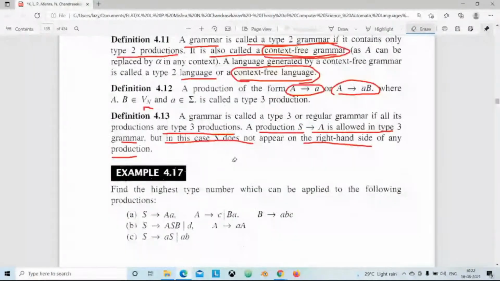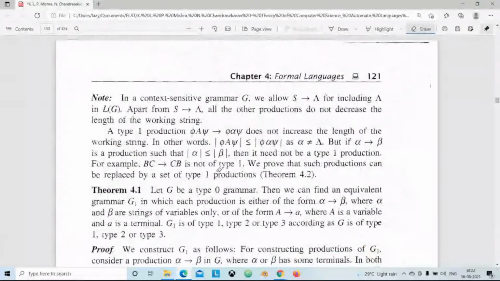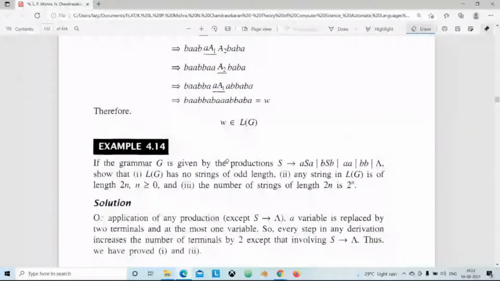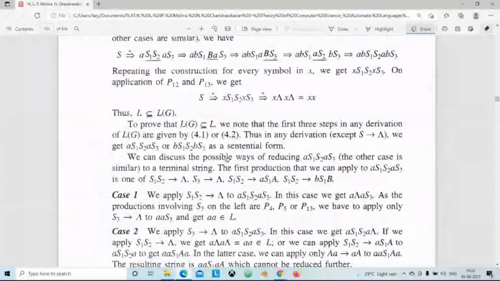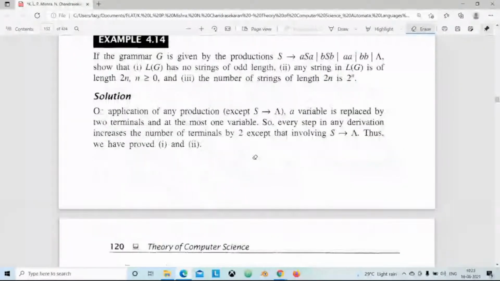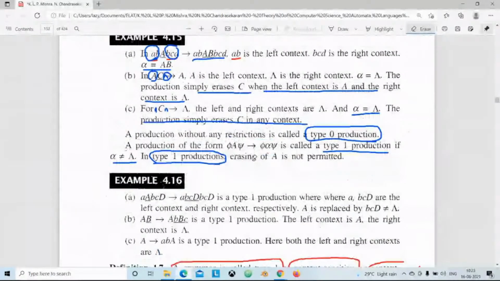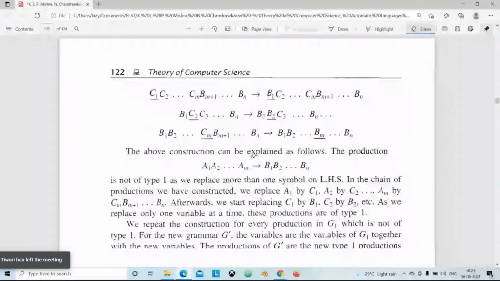You can start from the a to the power n, b to the power n question and simply expand on that, seeing how you are choosing the productions. Initially, don't worry about the structure of the grammar, but slowly you'll realize that if you want the grammar to be a particular type, then you have to apply the constraint. Otherwise, we cannot categorize those grammars. So that we have to do.